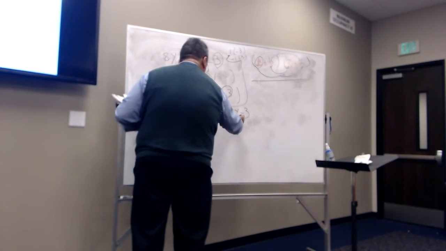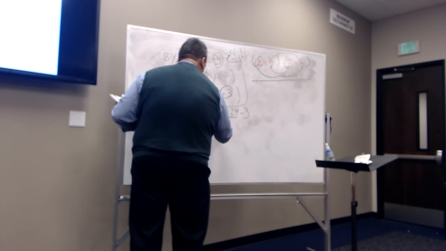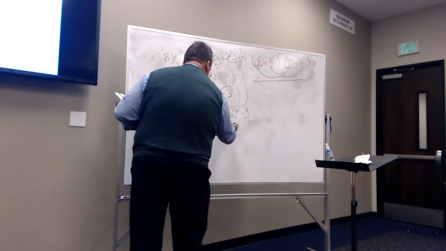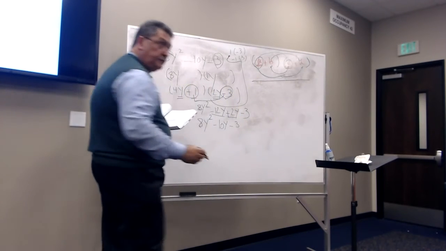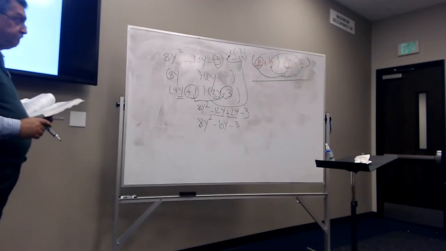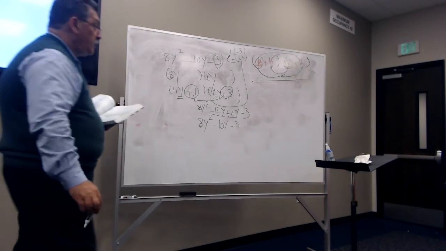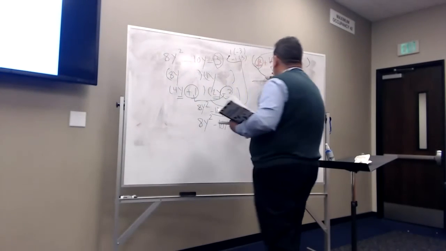Minus 12y plus 2y gives you minus 10y. So you get that original expression. Yes? All I'm using is this FOIL method.